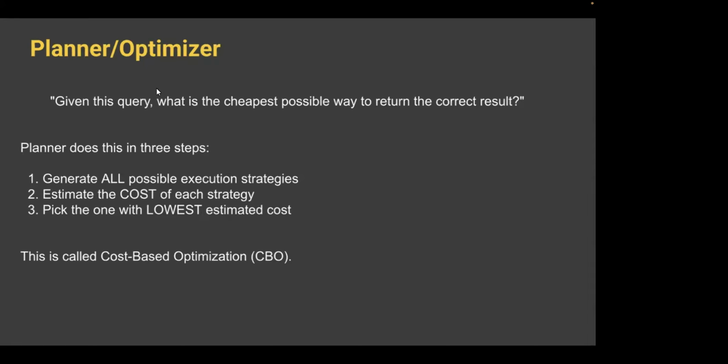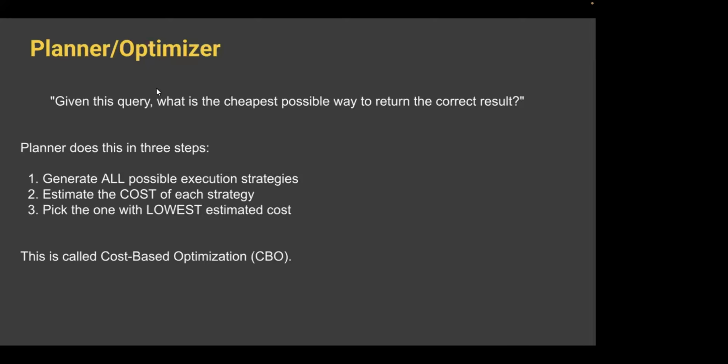And this estimate also comes from statistics that Postgres collects and stores in catalog tables. So this is entirely an estimate, and based on these estimates, it will choose the lowest estimated cost that it thinks is the cheapest. It could be or could not be. It depends on the statistics that Postgres has collected. We can only see that once we actually execute the query, whether the planner has chosen the correct path.